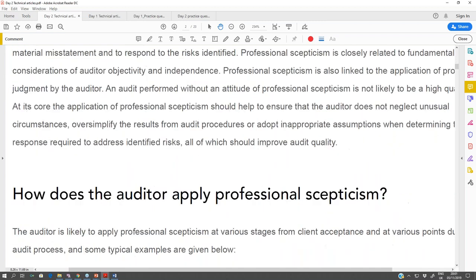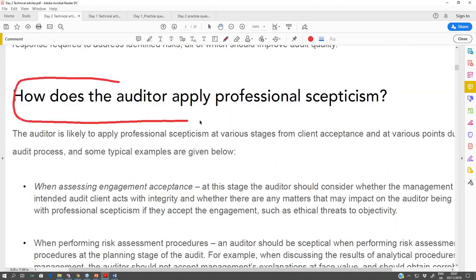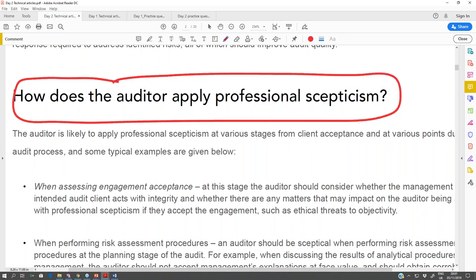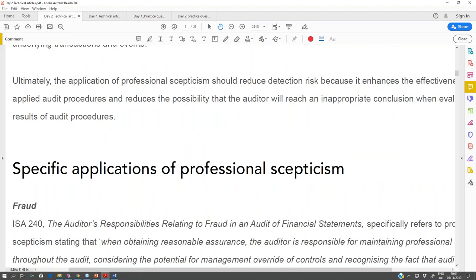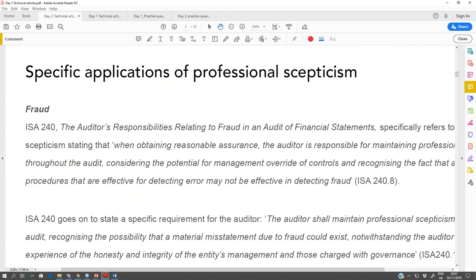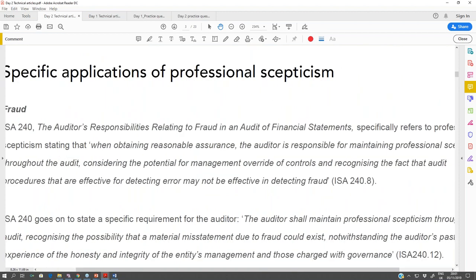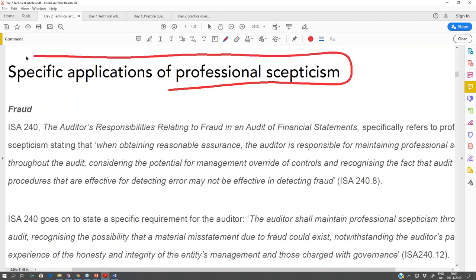Then it covers how the auditor applies professional skepticism, and you will be amazed to know when and at what stages of the audit the auditor applies it. And then there are some specific applications, areas where professional skepticism can be applied.